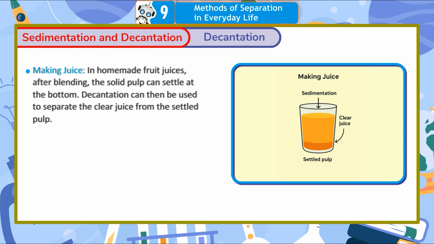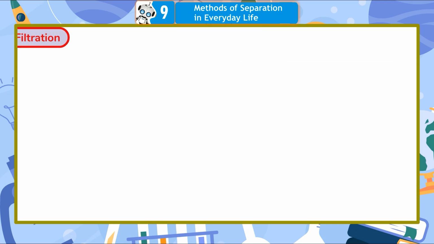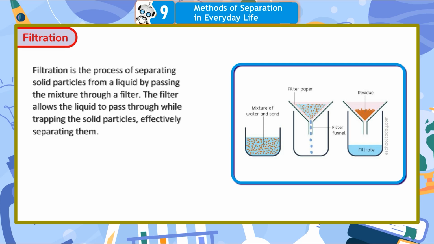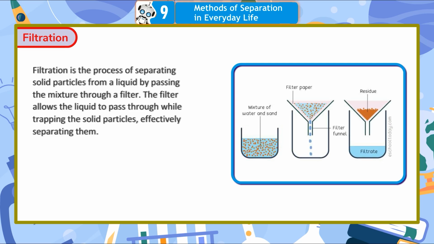Decantation can then be used to separate the clear juice from the settled pulp. These methods offer a simple, natural way to separate solids from liquids and are commonly used in various situations in our daily lives.